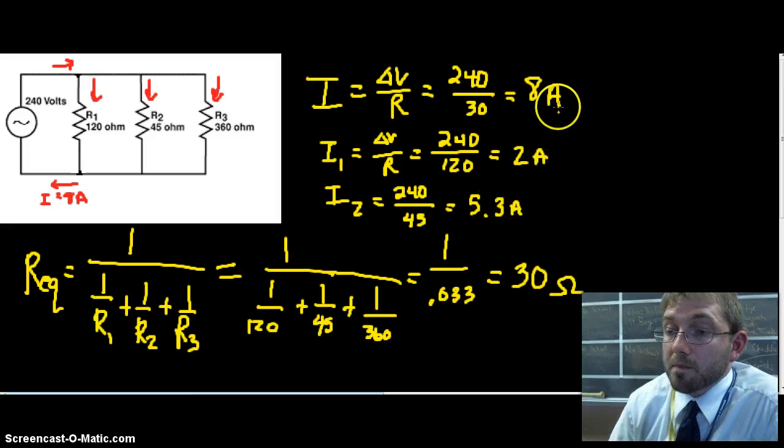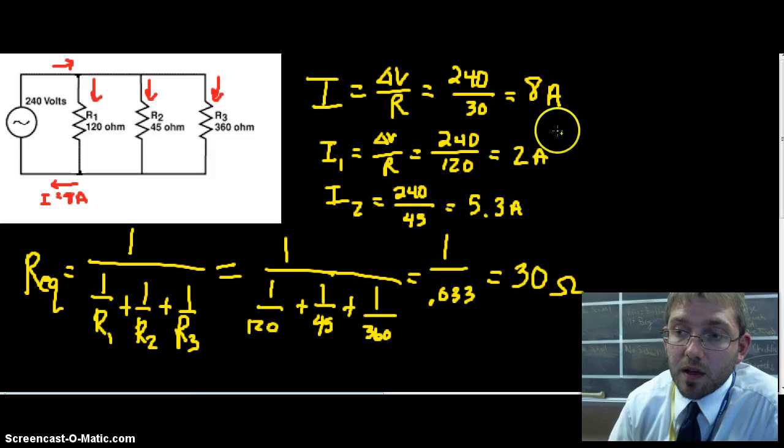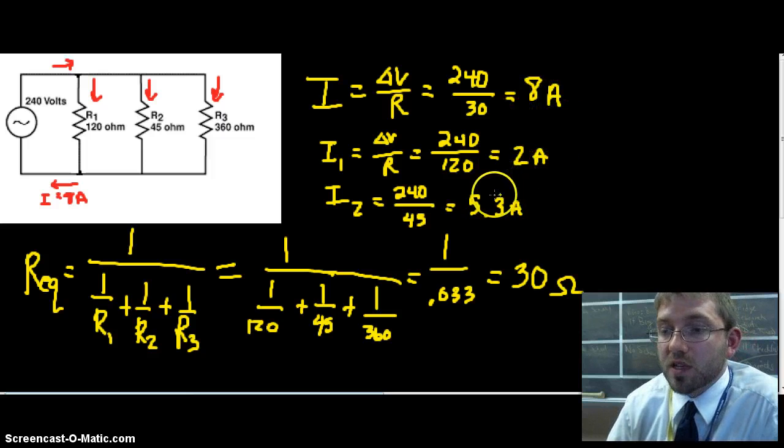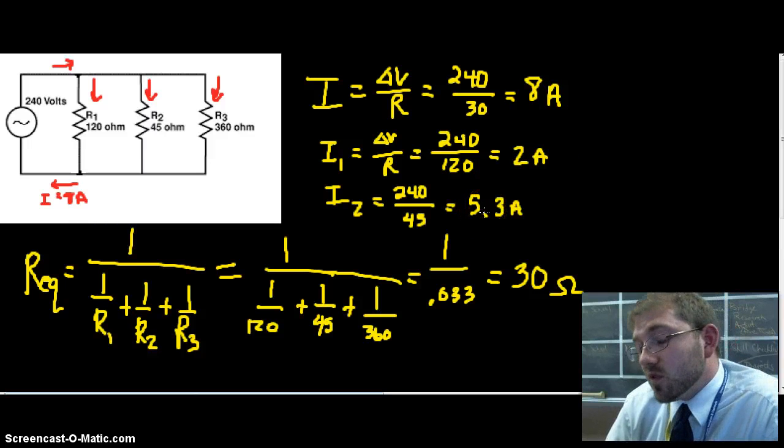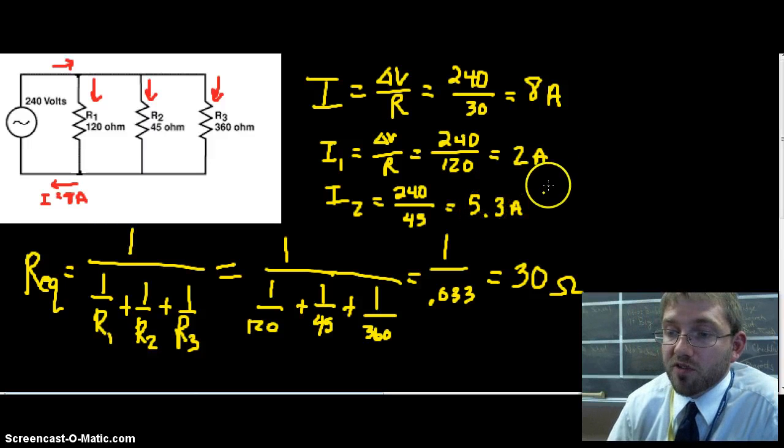Okay, the difference between the total current and our present value of 2 amps and 5.3 amps should give us what's left in R3, and if I'm making a prediction there, it's probably going to be 0.7 amps, but let's figure it out.